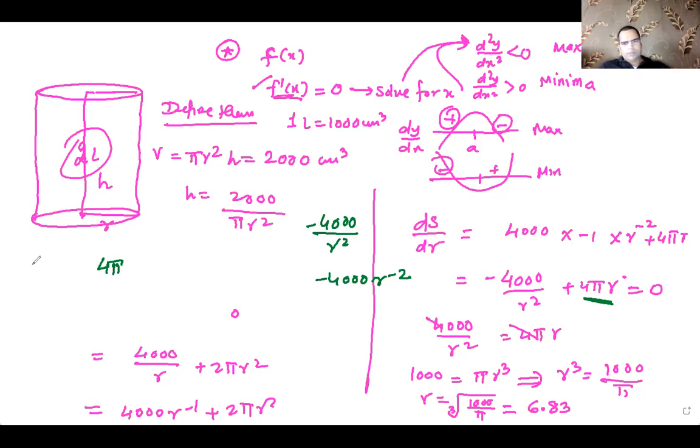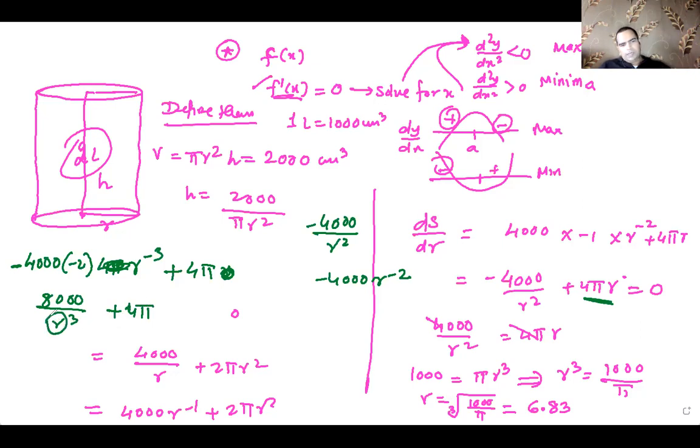So here it is negative already, negative 4000. This is going to become -2 r to the power -3, plus 4 pi. This negative and negative become positive, so 8000 over r cubed plus 4 pi, and the derivative of 4 pi r is 4 pi.